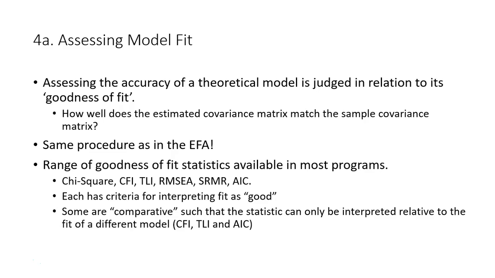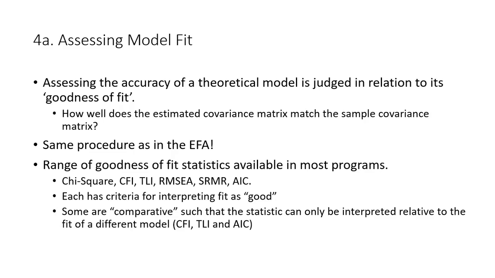What you want is the chi-square to be non-significant. You want the chi-square value that comes out of a model fitting endeavor to be non-significant, because that would say there isn't a significant difference between the observed and the expected. And that's why it is considered the gold standard. But it's very easy to get a significant chi-square, even from a good fitting model, when the sample size is really large.